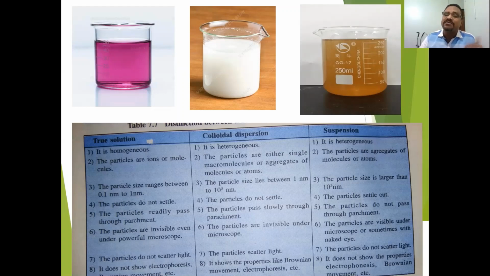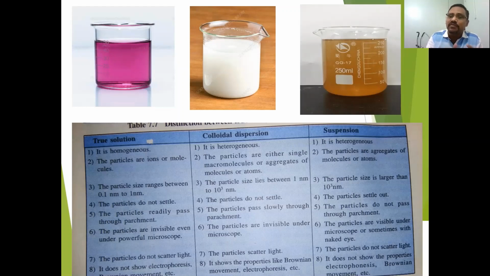Then I told you the four classifications of the solution. First is the general classification. I have made it; it is not given in your textbook, but all the definitions given in the general classification are important and you should know them. Again, I will take a brief revision of the definitions I included in the first classification: solute, solvent, solution, then aquation, hydration.